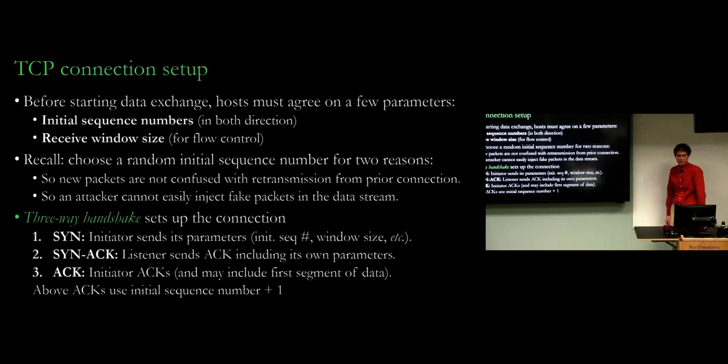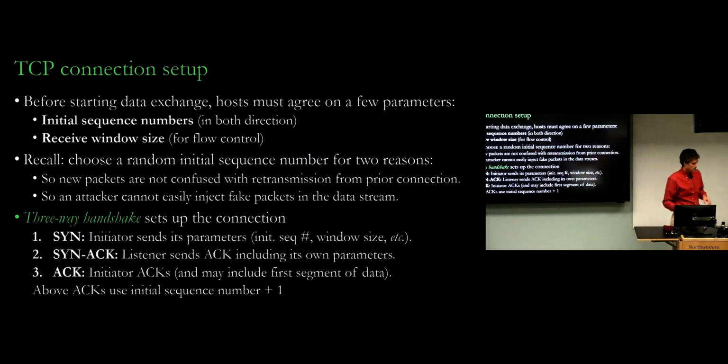So let's come back to TCP connection setup, which I alluded to earlier. Before data can be exchanged, the two hosts involved have to agree on a few parameters. There are two obvious parameters, and there are some other parameters they can set too, but most importantly, they need to set their initial sequence numbers in both directions.